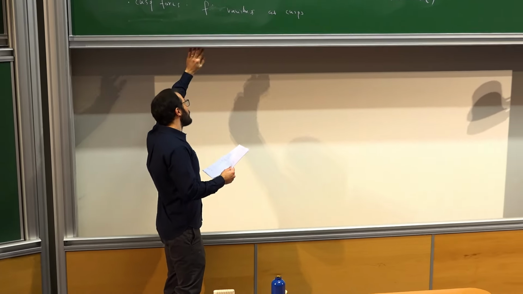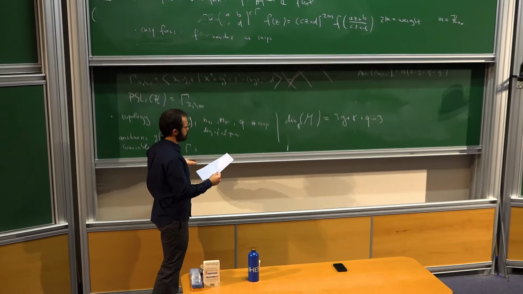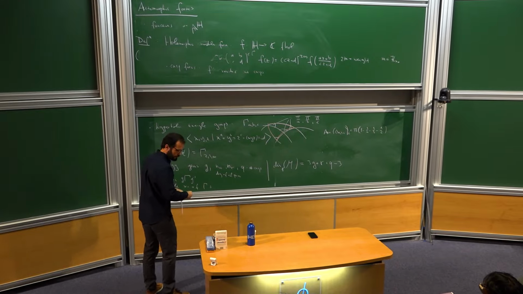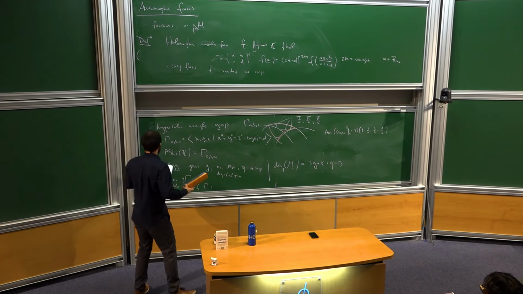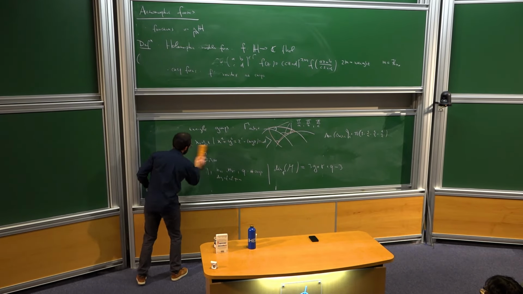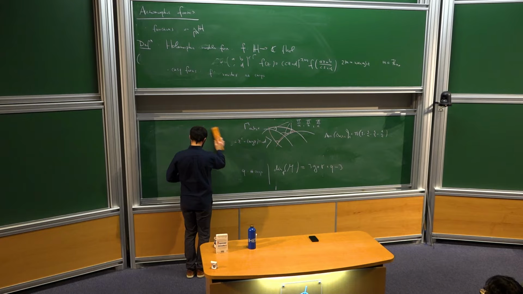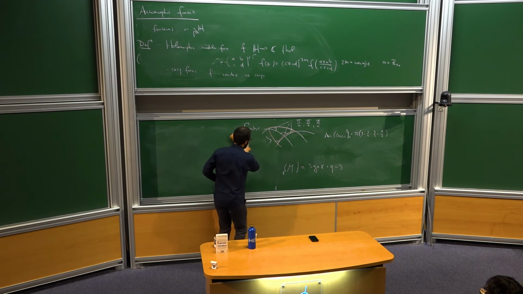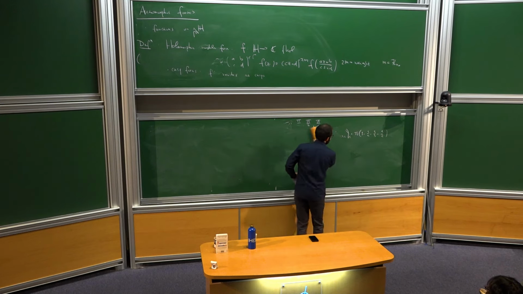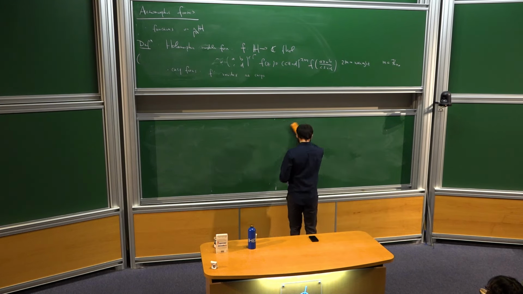Just to give you an example, for SL2Z, the most famous one is the so-called modular discriminant, which is a cusp form. It's the 24th power of the Dedekind eta.